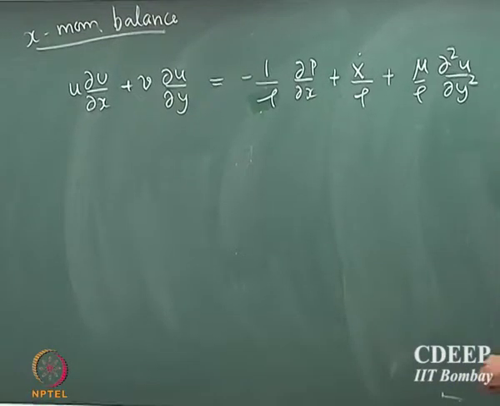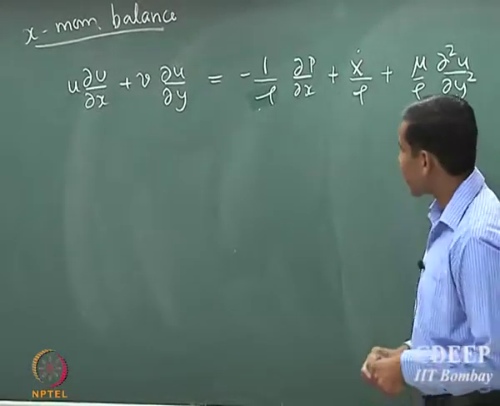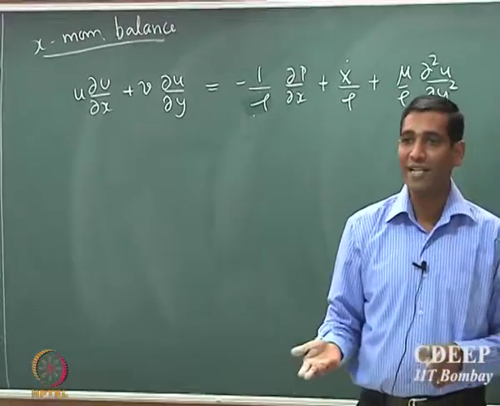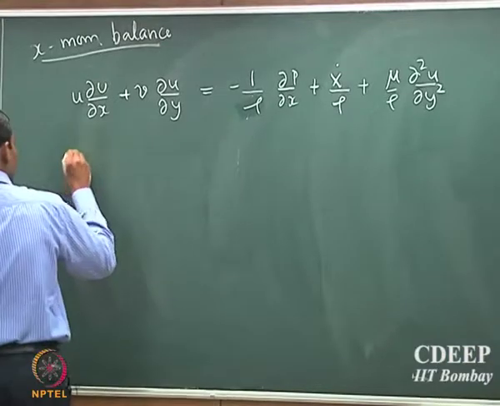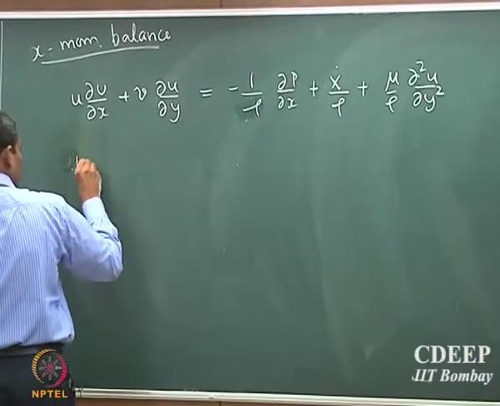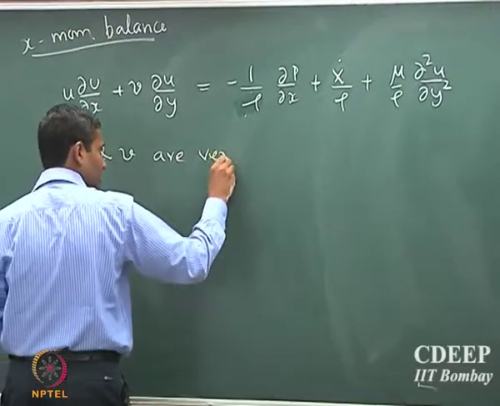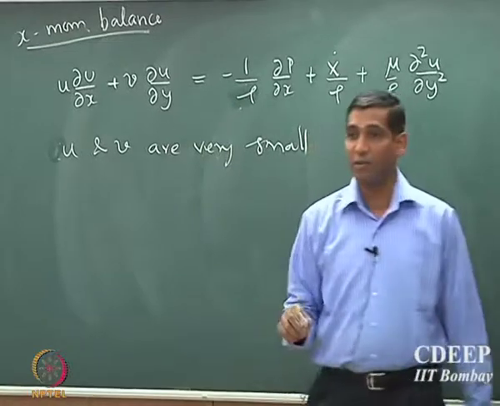Now, we make an assumption here. One could actually do without the assumption, but you will not get some of the insights that you will get this way. Okay. So the first assumption we make is that u and v are very small, and that's not a bad assumption actually.